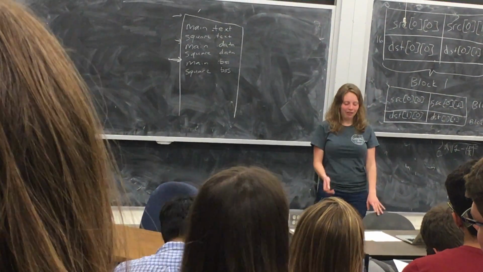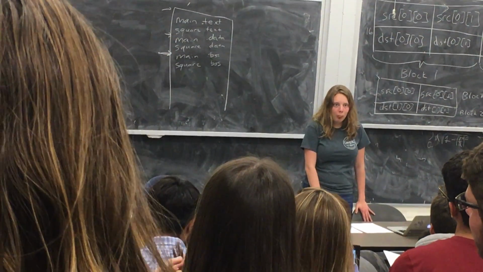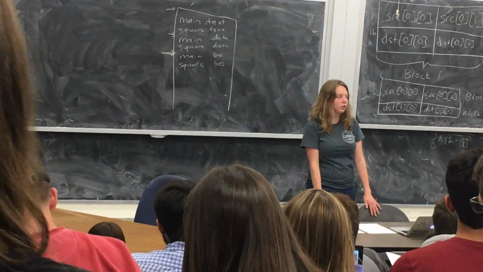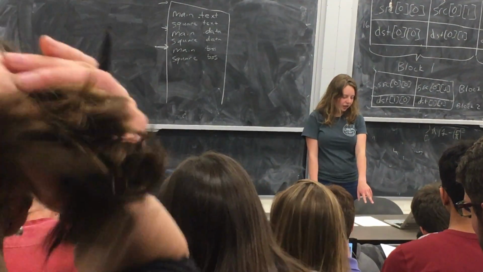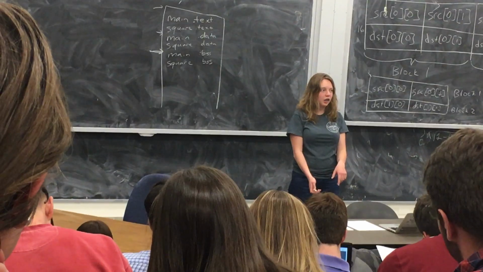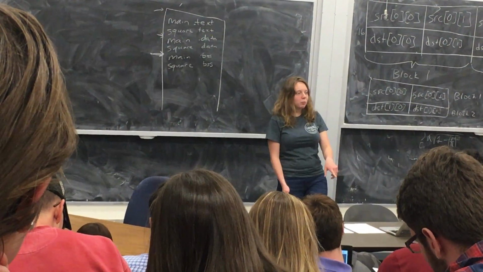Why would a file need to be dynamically linked? The reason is here. If we look at main.c and square.c, we see that main actually calls the function square.